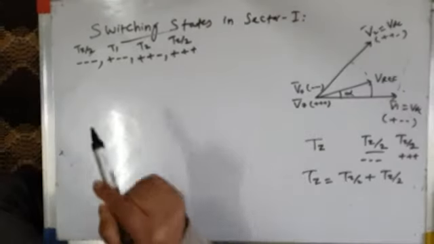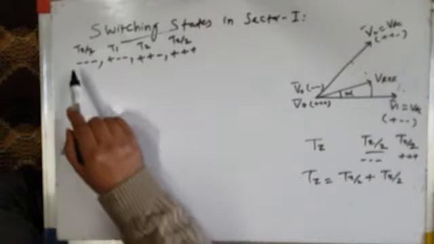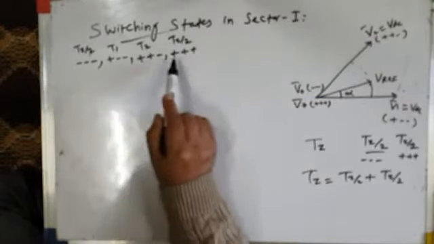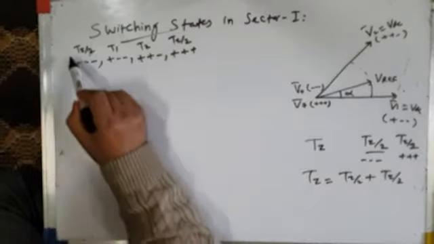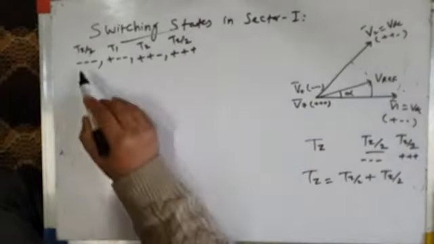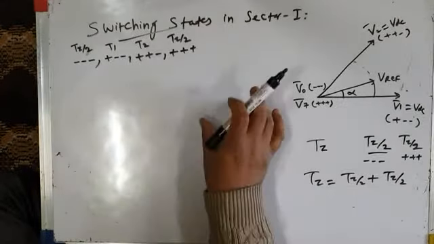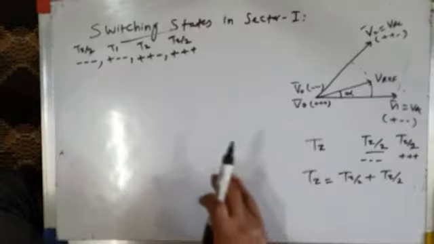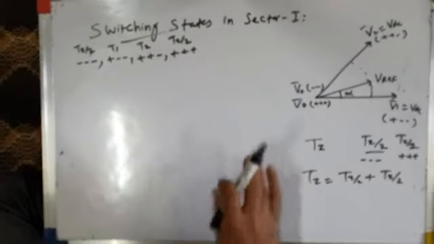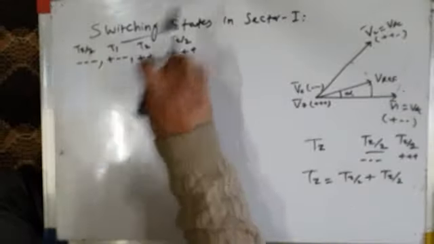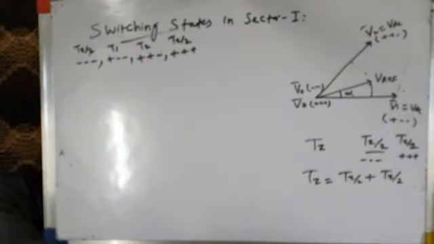The answer to this question is that if you apply only one zero voltage vector, say for example you apply only minus minus minus zero voltage vector. Minus minus minus zero voltage vector means only the bottom switches are on. So that will cause unequal loading of the devices, because you are putting bottom devices on for some period, top devices you are not putting on.